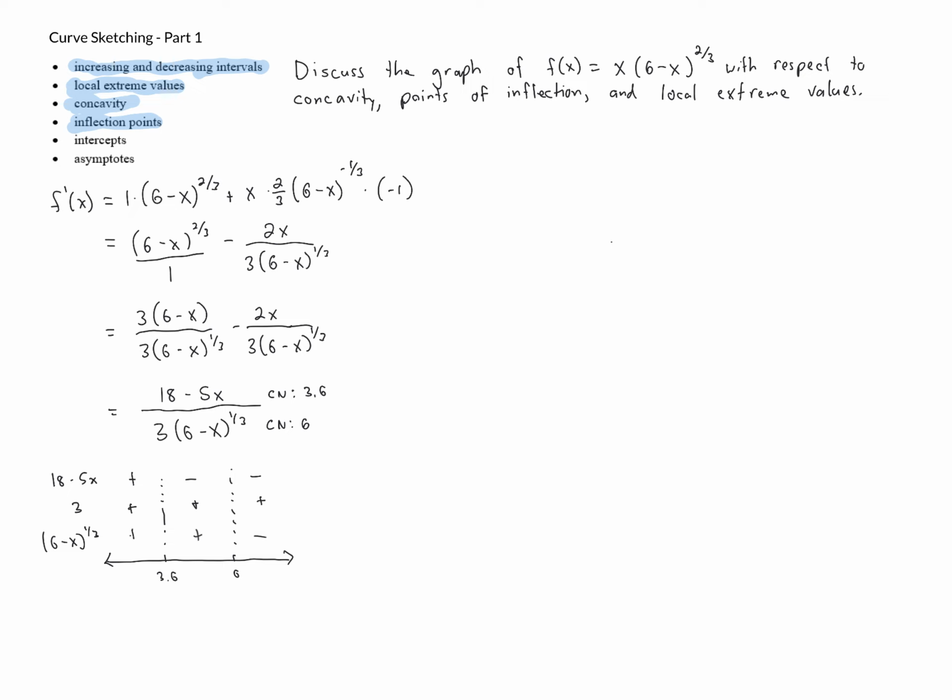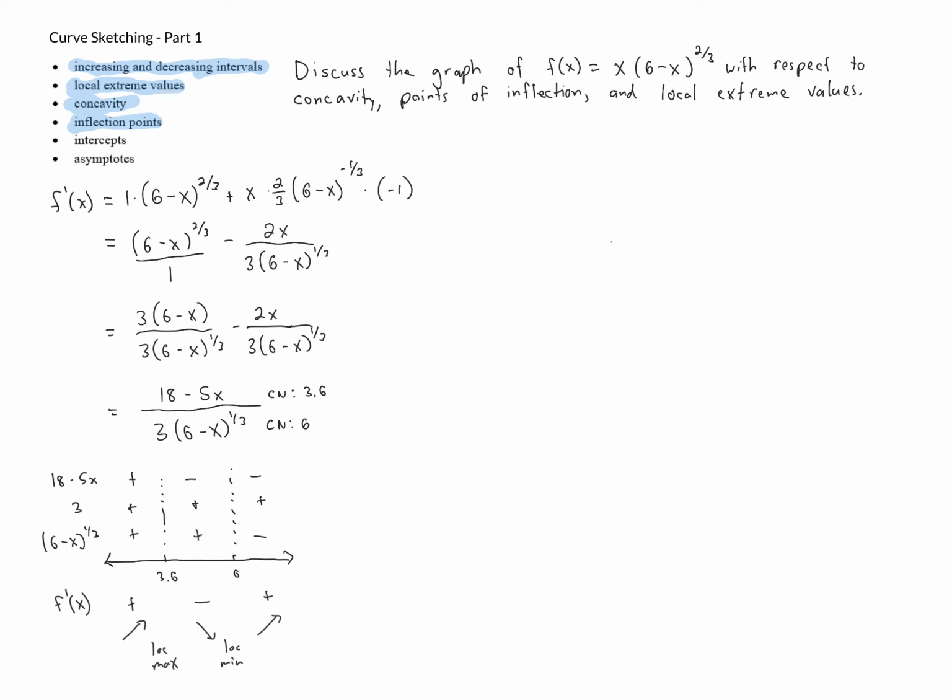And smaller than 6, it's going to be positive. So our derivative is going to be positive, negative, and positive. So it's going to be increasing and then decreasing and then increasing. And so that's going to give us a local maximum at 3.6 and a local minimum at 6.